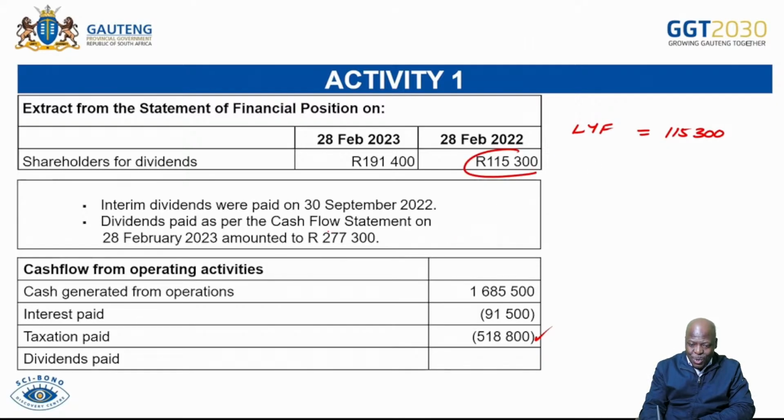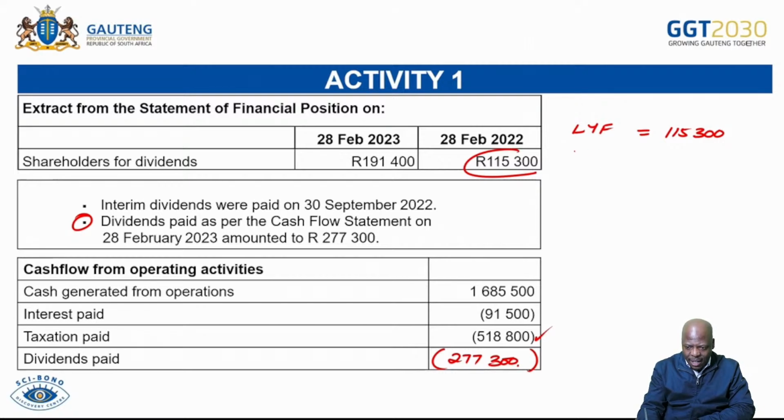And then you would look for the interim dividends. But that would be very far. Because if you look at this bullet here, they tell us that dividends paid as for the cash flow is 277,300. So that will make it very easy already. So you'll be coming here. I know I have my brackets in already. That is 277,300, that is my dividends paid.